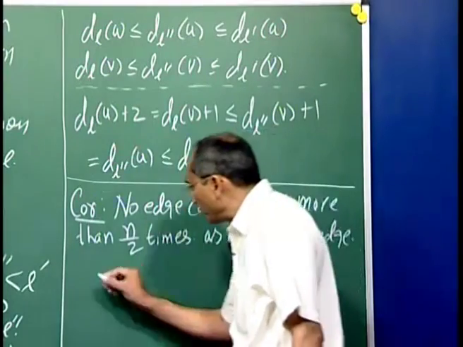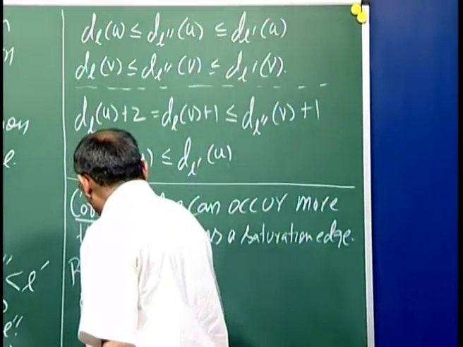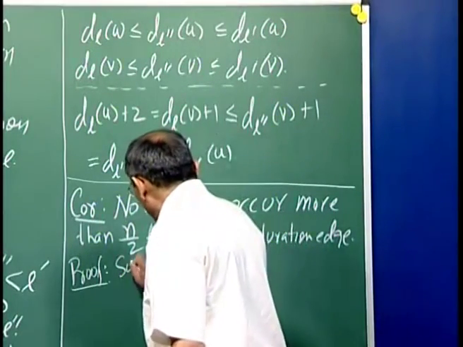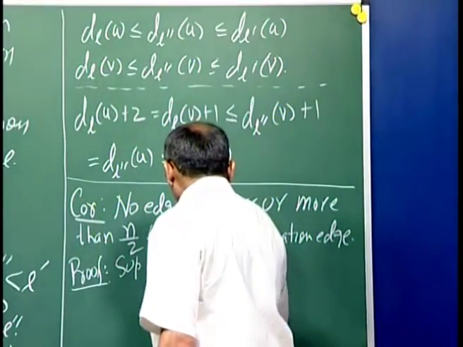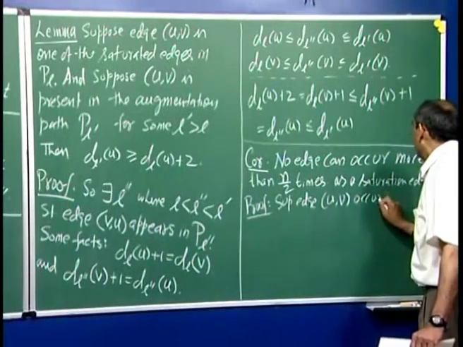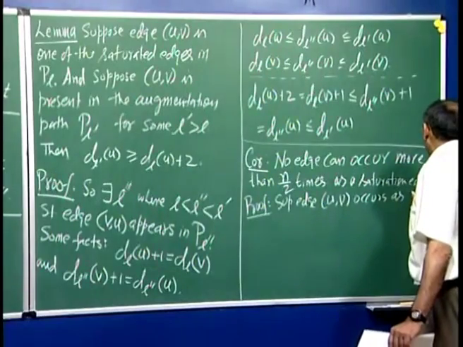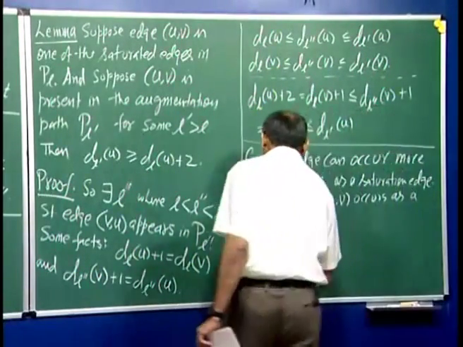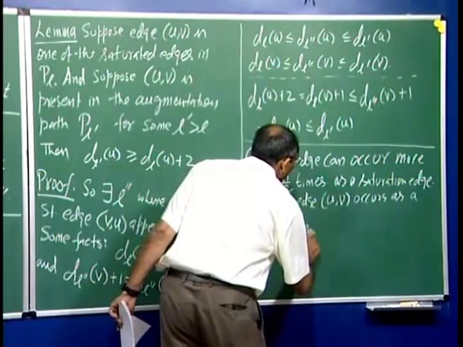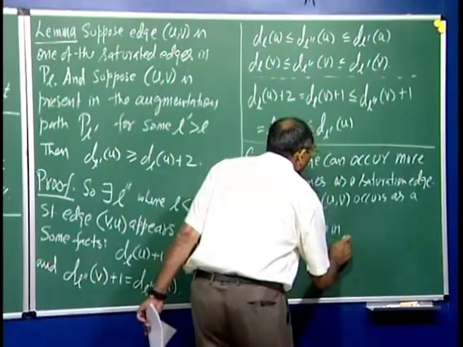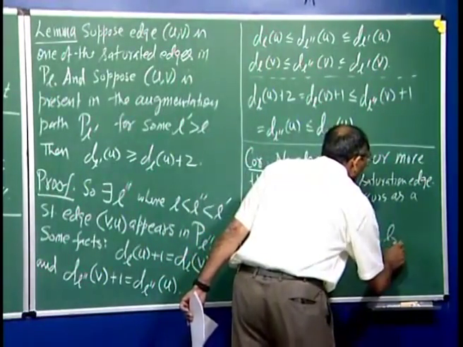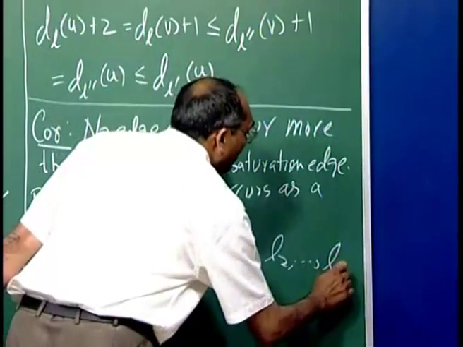So let us try to prove this. Suppose edge UV occurs as a saturated edge in the iteration numbers L0, L1, L2, ..., LP.